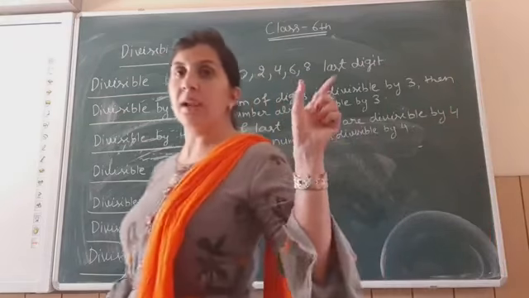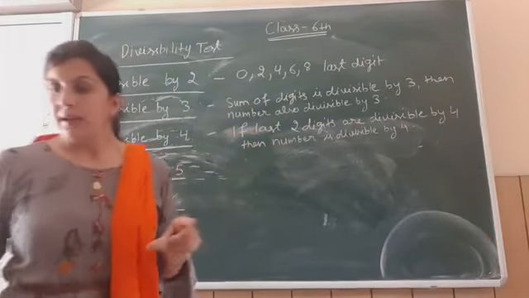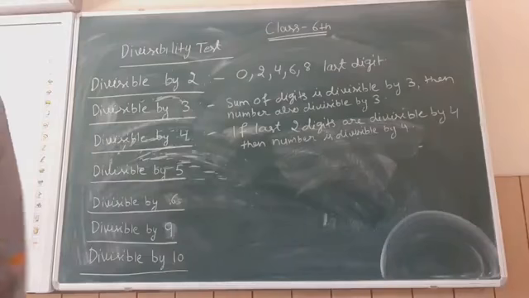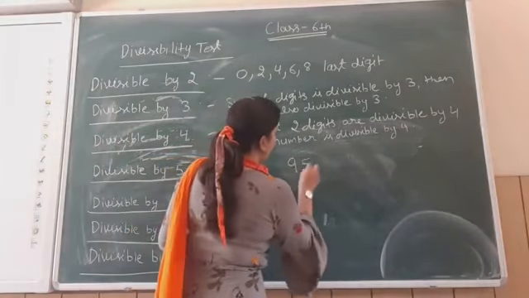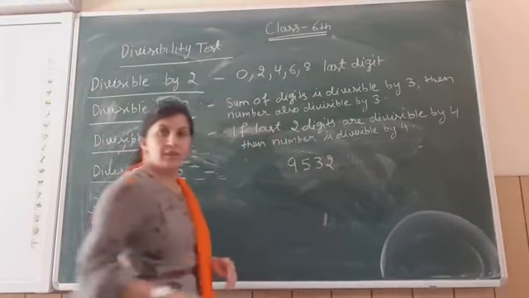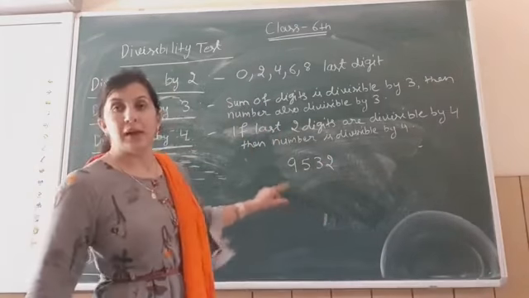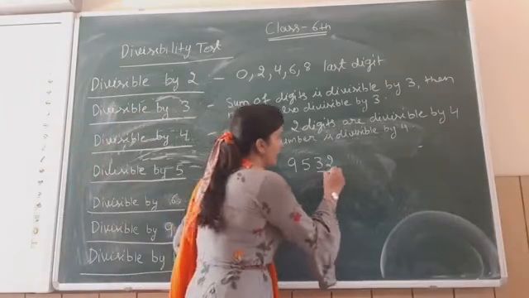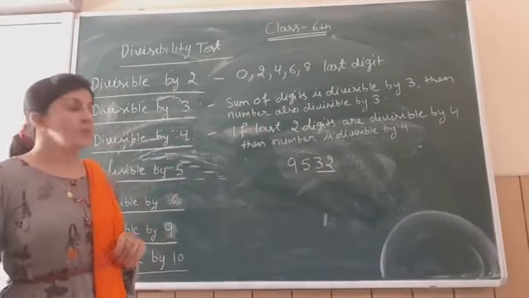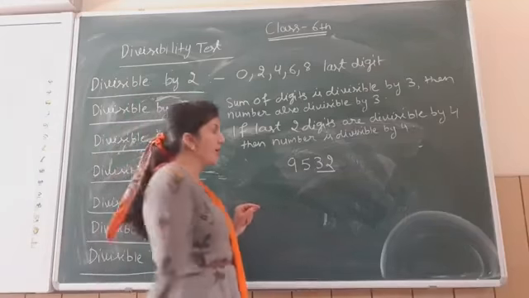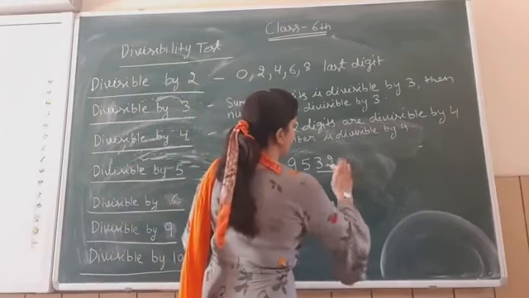So how will we check? We will check only the last 2 digits. Like I write any number, say 9532. Instead of dividing the whole number by 4, I will only check the last 2 digits. The last 2 digits are 32. Is 32 divisible by 4? Yes.